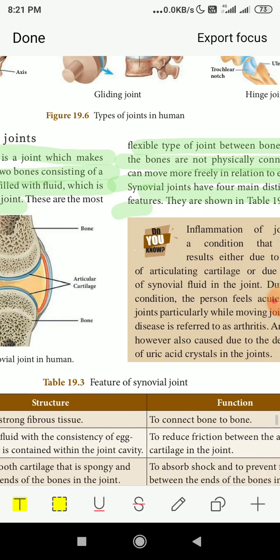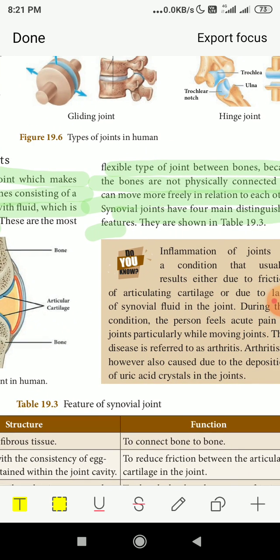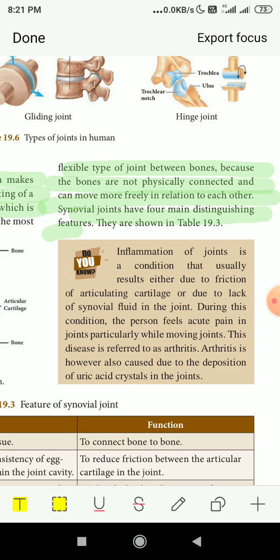These are the most flexible type of joint between the bones, because the bones are not physically connected and can move more freely in relation to each other. So between the bones there is a flexible fluid present, which helps the joints to move easily. So that is called a synovial joint.